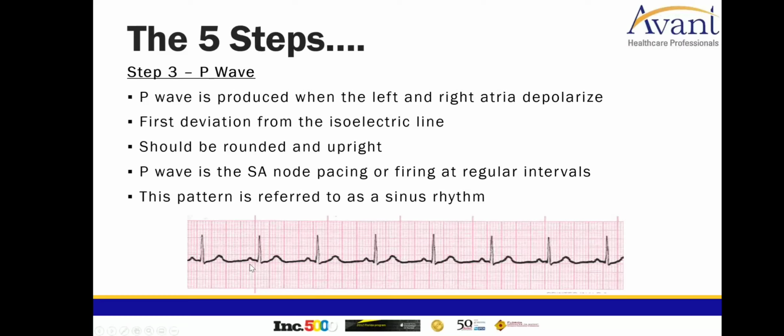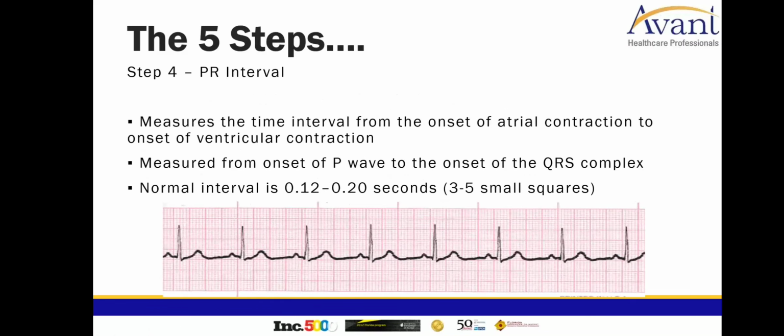So the P wave is the SA node pacing and firing at regular intervals. This pattern is referred to as sinus rhythm because it's being created by the SA node, the sinoatrial node. The other thing to keep in mind is, do all the P waves look alike? They seem to look alike. So therefore, that's what we're going to look at.